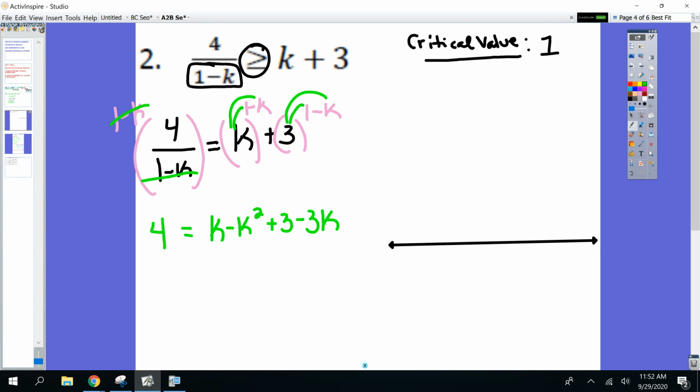But you still got to distribute the k. Get it equal to 0 first. Try to keep your squared term positive.